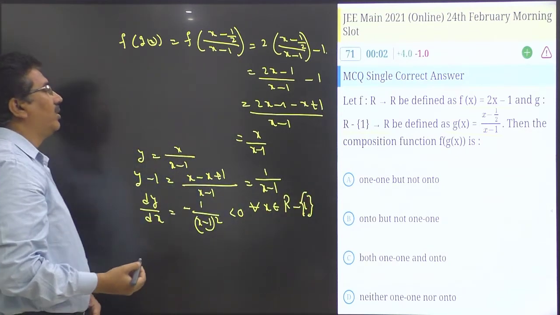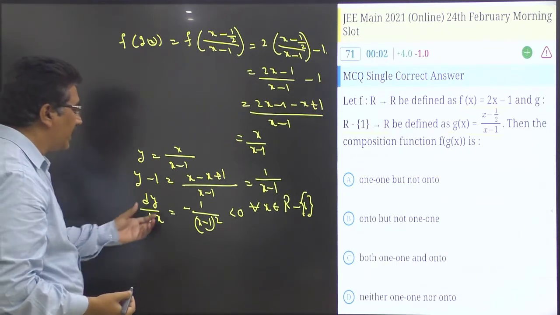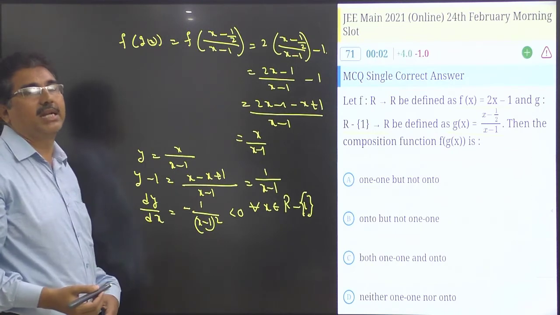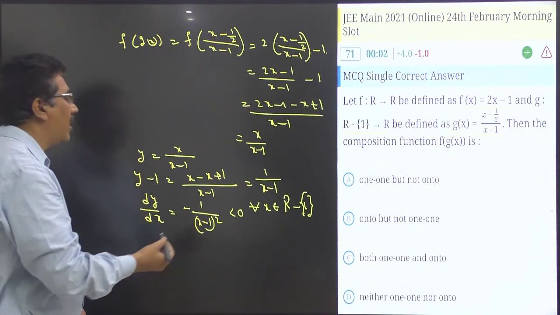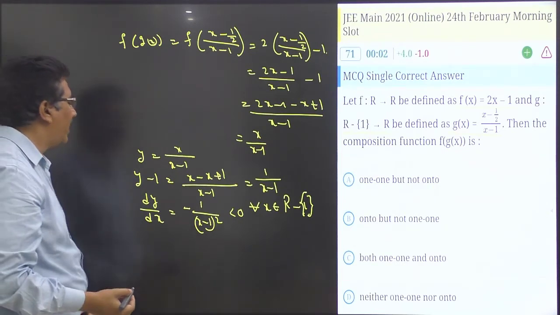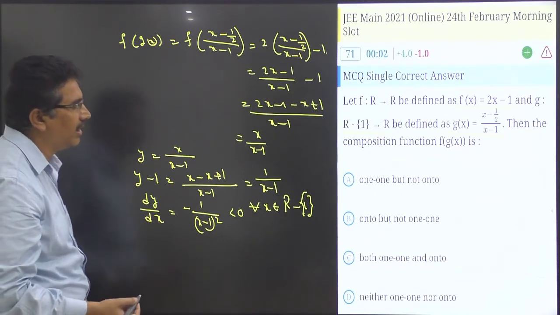Right? So this is f of g of x, and its derivative is less than 0, so it is a decreasing function on the entire domain, so the function f of g of x is 1 1.